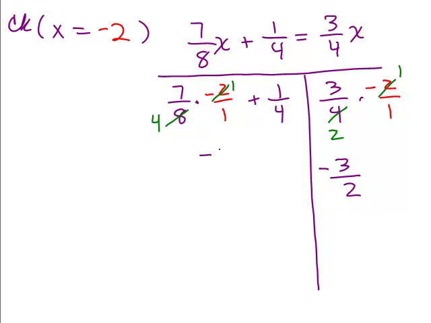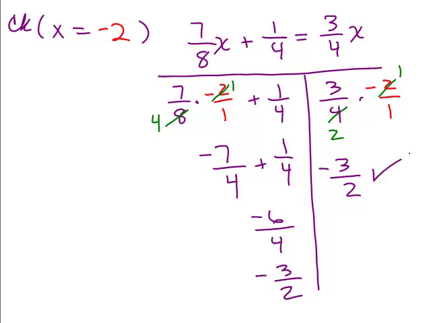So let's do it correctly. 7 times negative 1 is negative 7/4 plus 1/4. Common denominator, so we have negative 7 plus 1. Adding a positive to a negative, that's negative 6/4. And then that reduces, 2 goes in both numbers, into negative 3 halves. So actually it does check.